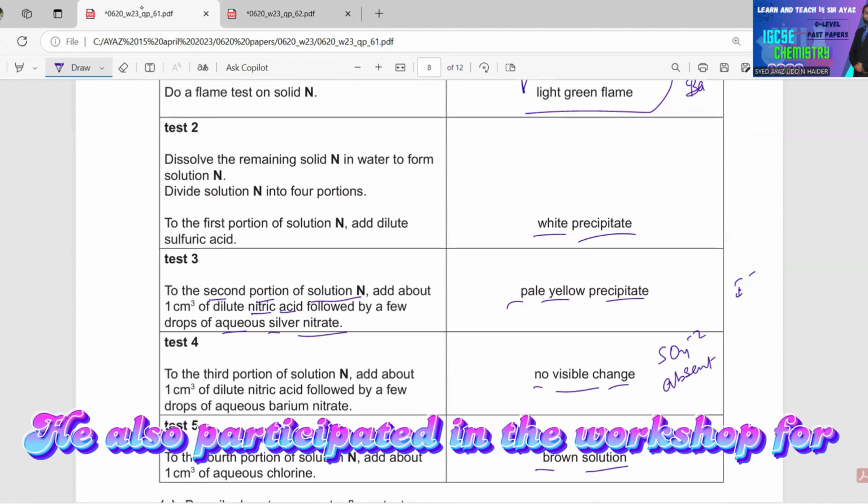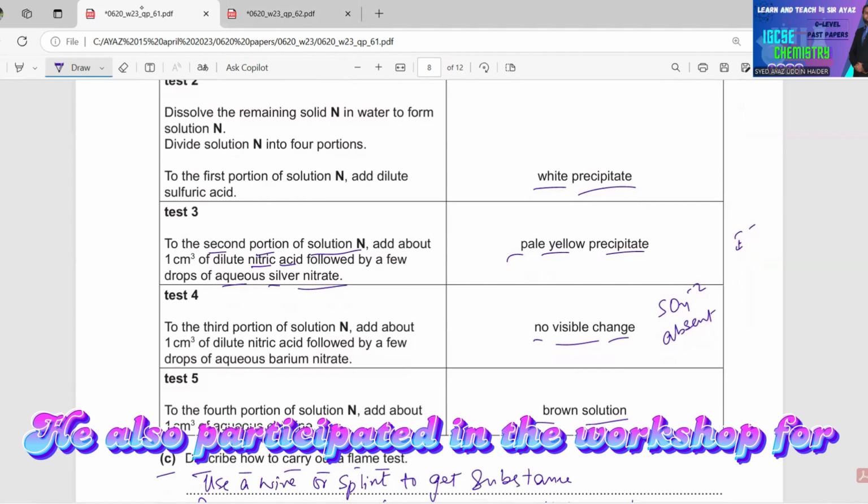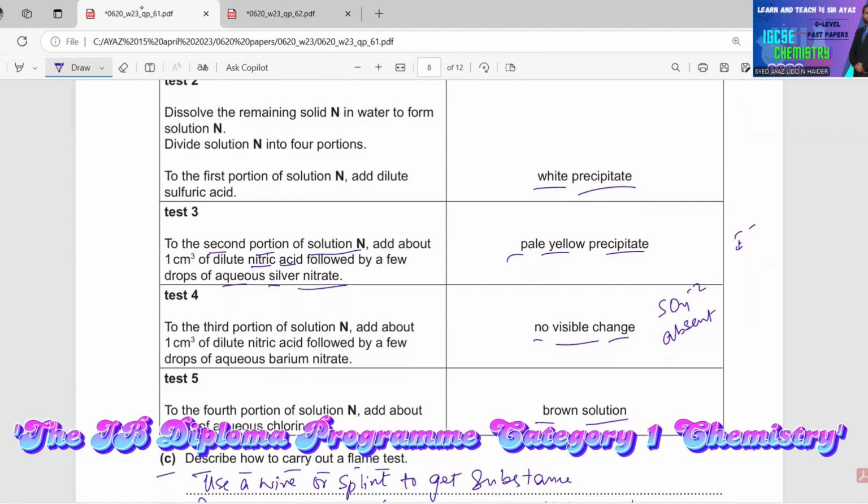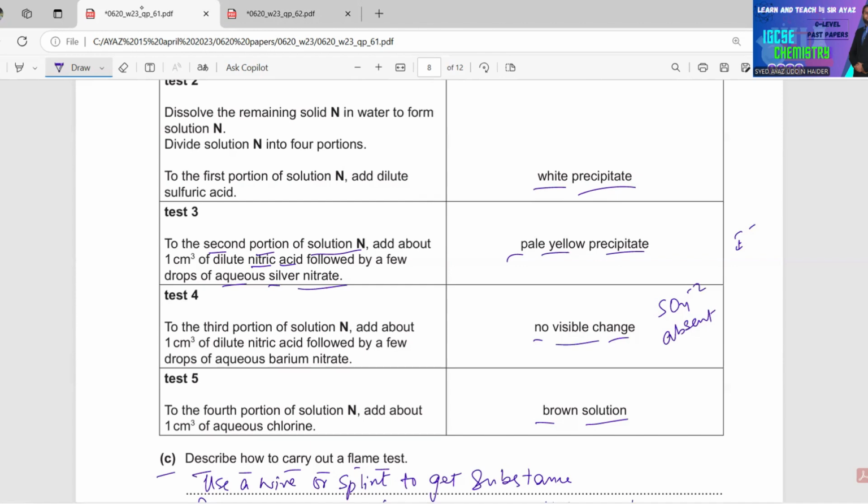To the fourth portion, add about 1 centimeter cube of aqueous chlorine. Now they have added chlorine. So chlorine is more reactive than iodine. It must displace iodine. If it will displace, here's a reaction. If you pass chlorine with the iodide salt, you will get iodine plus chloride ion.